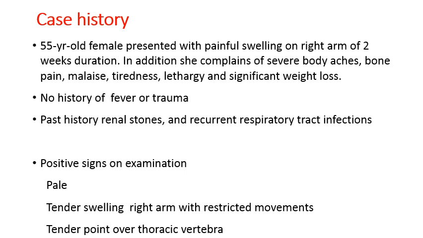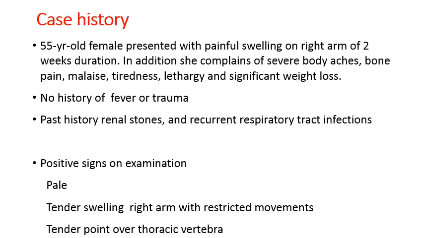Now we have a 55-year-old female presented with painful swelling of right arm of 2 weeks duration. The main complaint is painful swelling of right arm. In addition, she complains of severe body aches, bone pain, malaise, tiredness, lethargy, and significant weight loss.